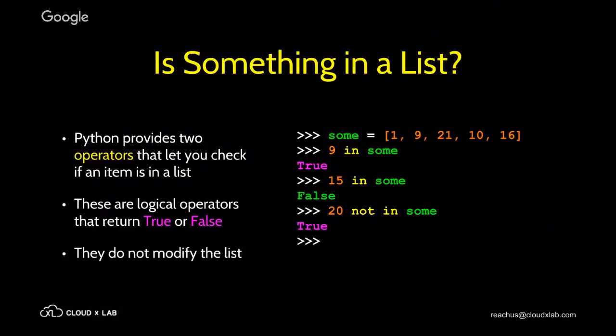Now we've learned so far a good deal about Python. Now we're going to learn more details about a data structure called list. To check if something is there in the list, we can simply use the operator called in.